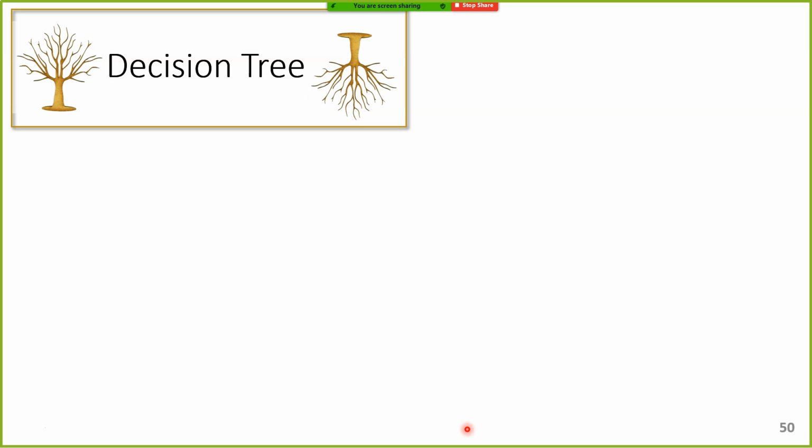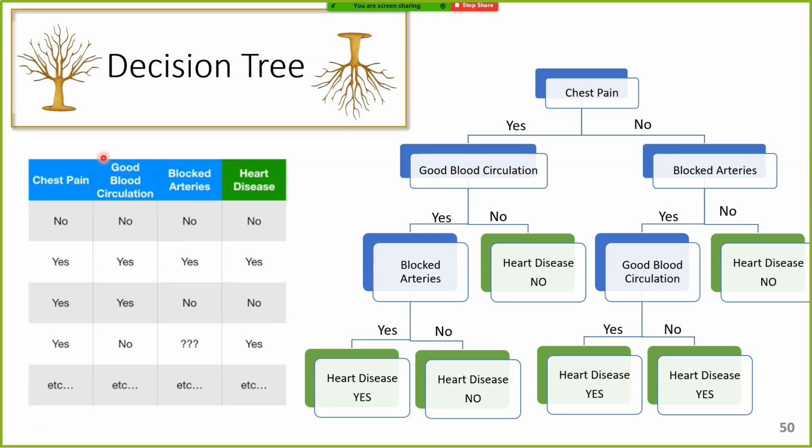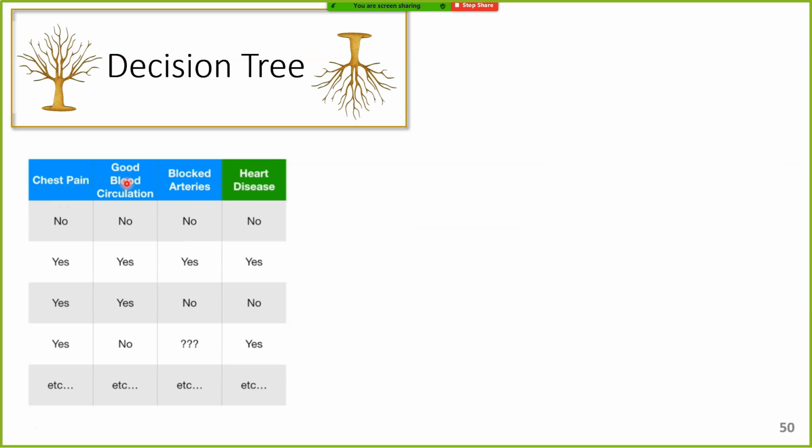So the next algorithm that I want to discuss is the decision tree. Sometimes we have data like this, and we want to construct a tree of decisions like this. We want to transform this kind of data into this kind of shape. Let's take this example. In this data we have chest pain, whether the patient has good blood circulation or not, whether the patient has blocked arteries or not, and whether the patient has heart disease or not.